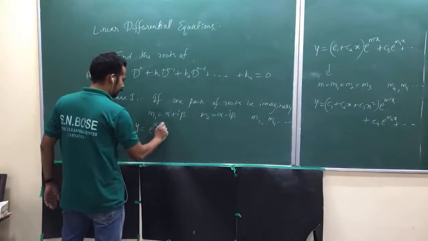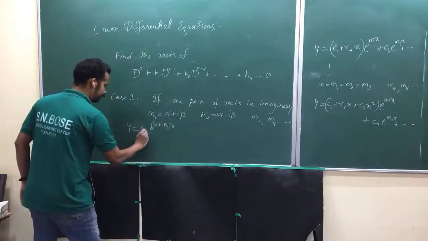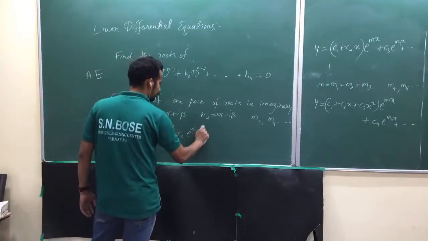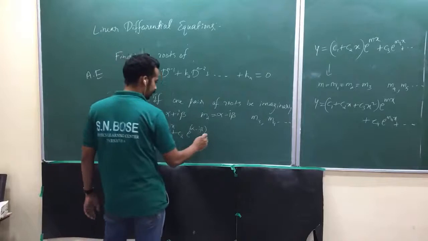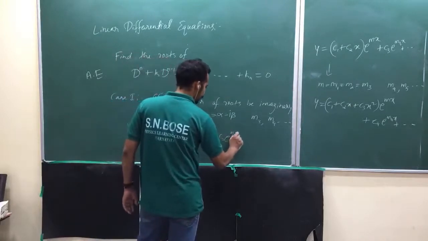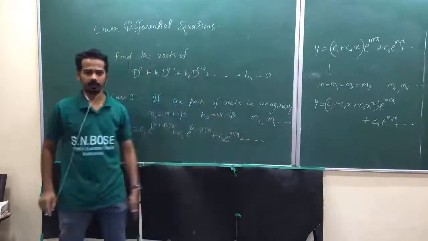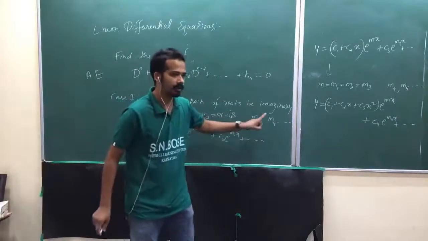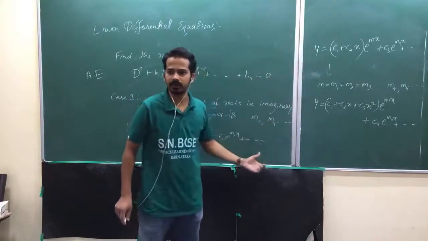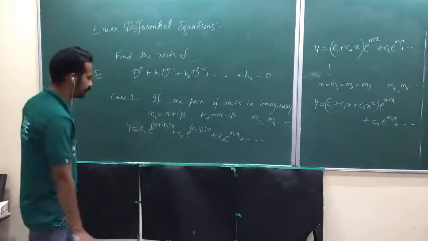So c1 e power alpha plus I beta into x plus c2 e power alpha minus I beta into x plus c3 into e power m3x plus and so on. This I am not elaborating. Maybe if these two are real and equal, again you have to follow this step to write the corresponding part. Is that okay? I am just concentrating on this part in this case.